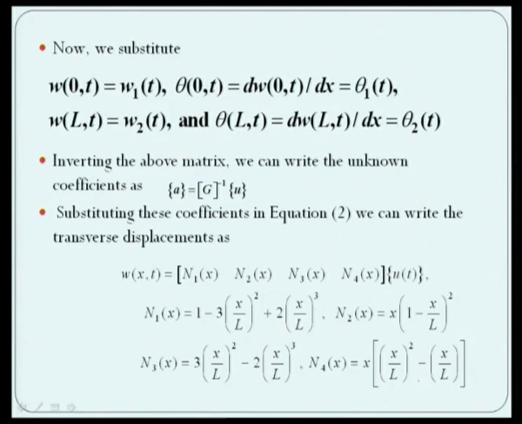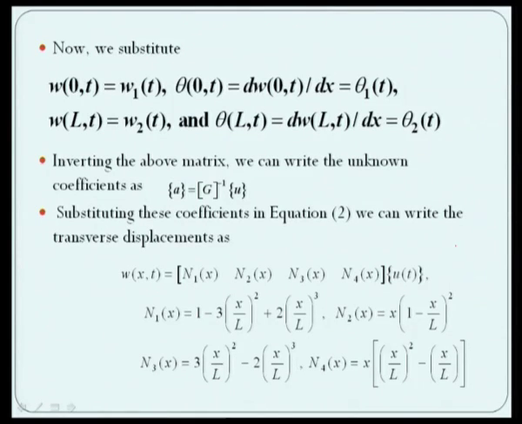Then what about the theta degrees of freedom? The n2 will not go to 0 when x equal to 0, because n2 is the shape function for dW by dx, that is the rotation which is got from W, and similarly n4 is the shape function for theta at node 2, that is the right node.